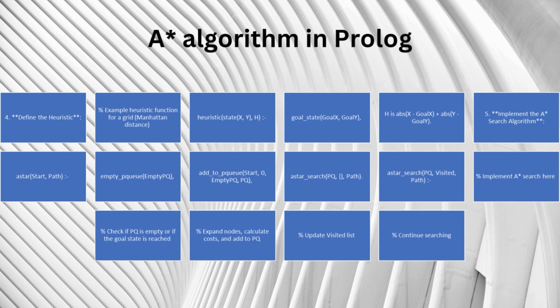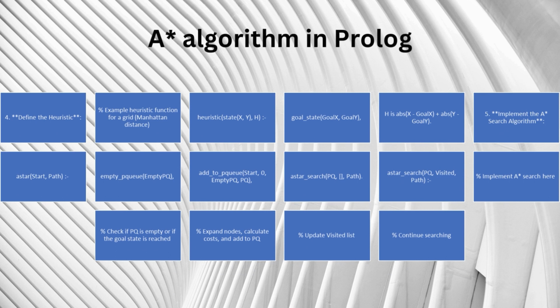So, in Prolog: a star(start, path) :- empty PQ, empty PQ, add to PQ(start, 0, empty PQ, PQ), a star search(PQ, empty list, path). a star search(PQ, visited, path) :- implement A star search here.